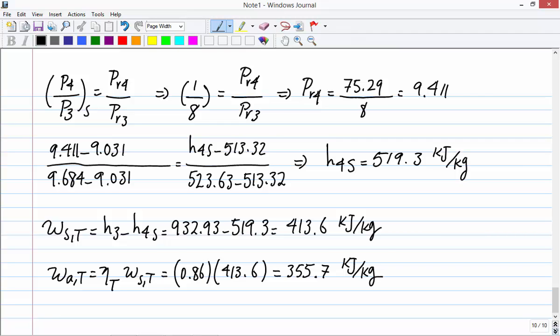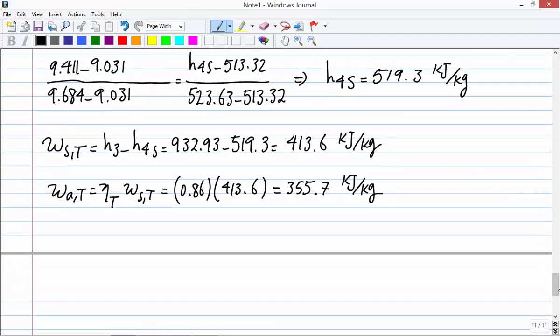Now, why are we doing all this? Because we are looking for the net work. Of course the turbine does more work, because we are doing all this to get a net positive network.